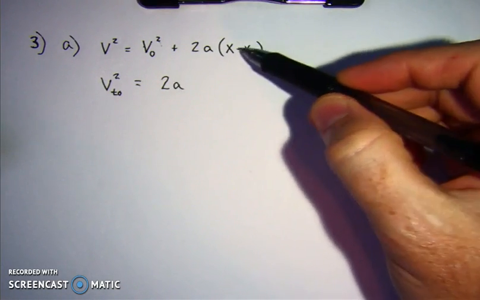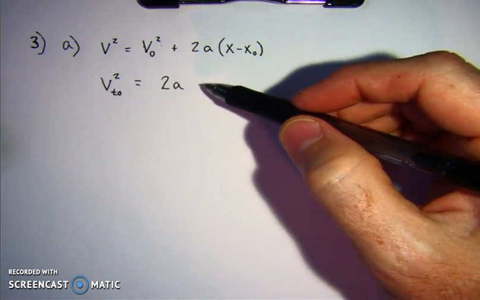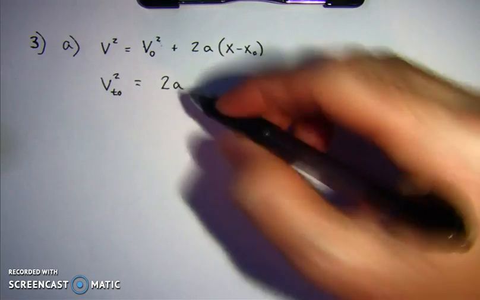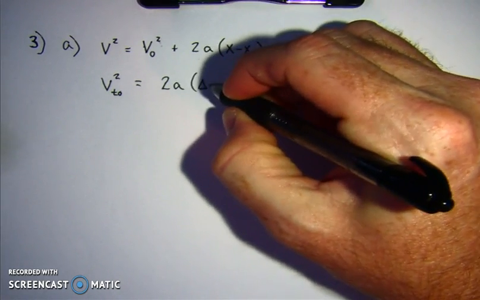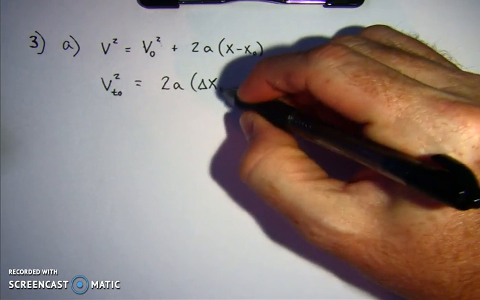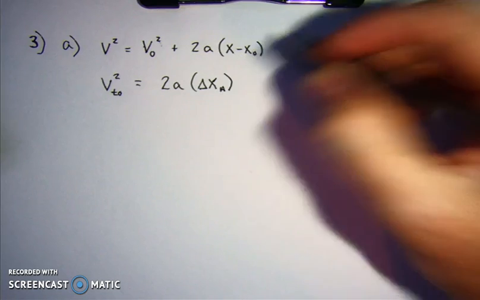And then it said delta x A would be our change in distance. This can also be written as delta x, and in this particular problem it said plane A, so we're going to represent that right there.